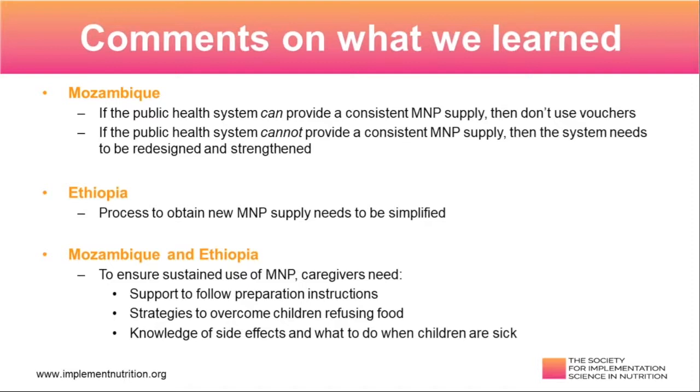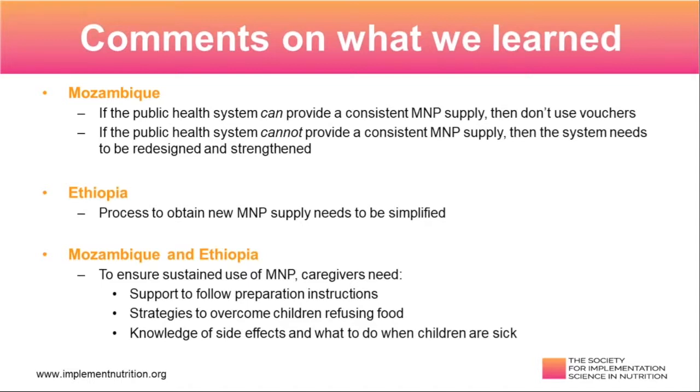In Ethiopia, through the endline survey, we learned that about 70% of caregivers heard about MNP and received MNP, and only slightly less, 60%, gave MNP to their child. So there really wasn't a bottleneck between hearing about MNP, receiving MNP, and trying to give MNP. However, only about 30% of caregivers reported using it in the 14 days preceding the survey.